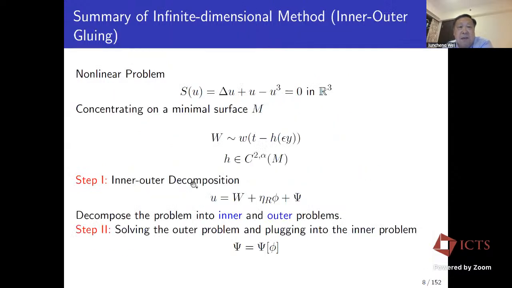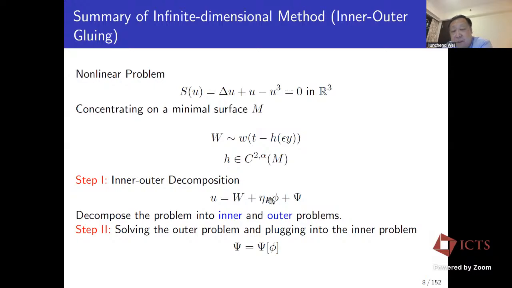For the second lecture, we construct a solution concentrating on a minimal surface. We perturb the minimal surface in the normal direction by some h. We do an inner-outer decomposition, with an inner problem and an outer problem.